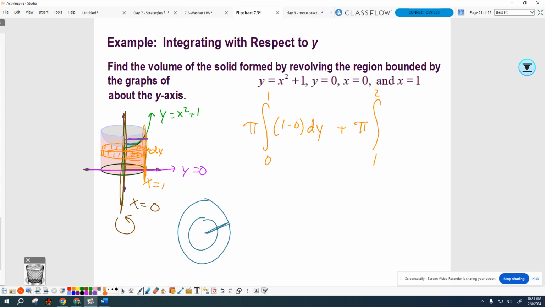That distance was, the large radius was 1. This inside radius to this inside curve, and I need it as an x equals. The side on the right, is it a positive square root, a negative square root, or do I have to keep both? Positive only, because I'm on the positive side. So that inside radius is square root of y minus 1.